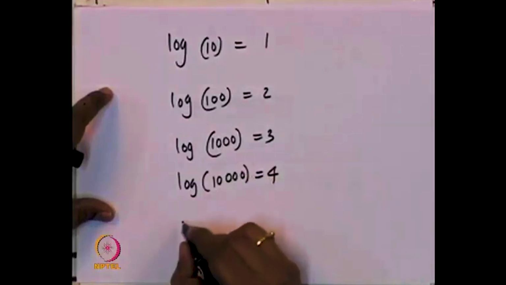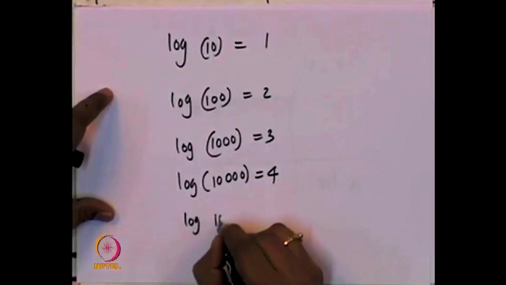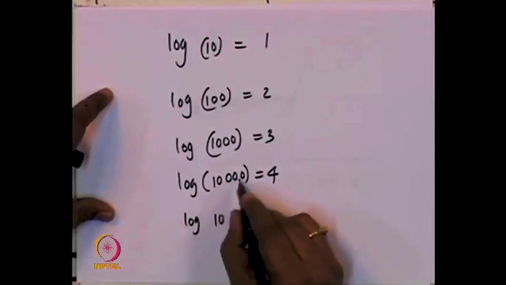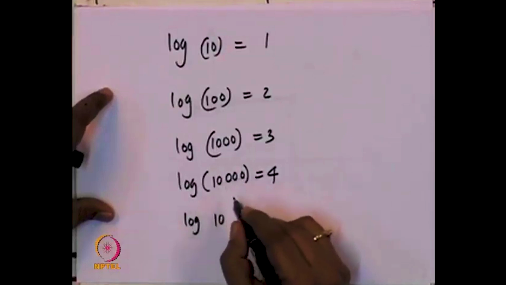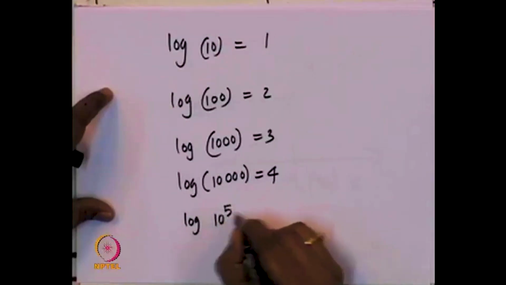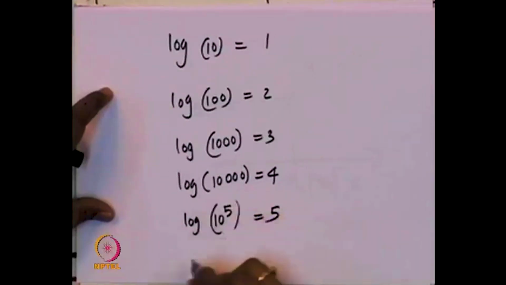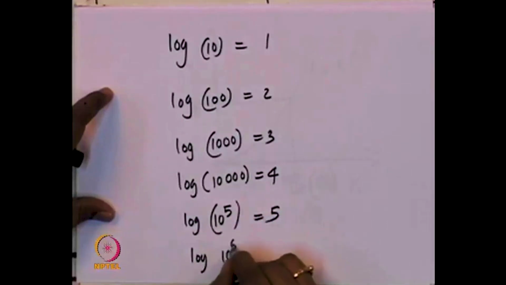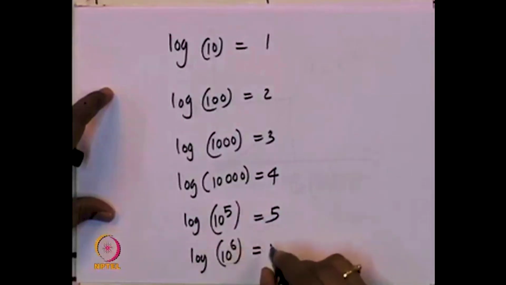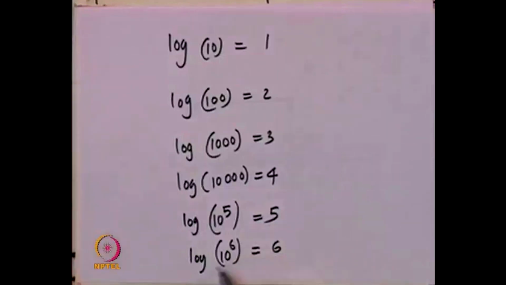You all know this. 10,000 is 10 power 4, and 10 power 5 gives 5. The log of 10 power 6, which is a huge number, a million, is just 6. So, just remember that the log of a huge number is a small number, and we will be using this property at some point in this course.